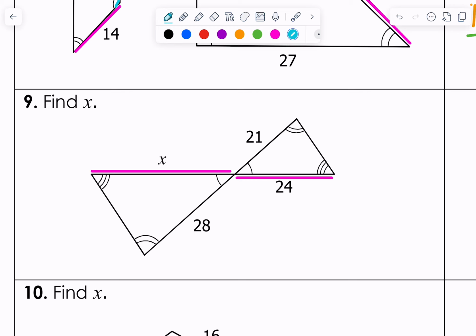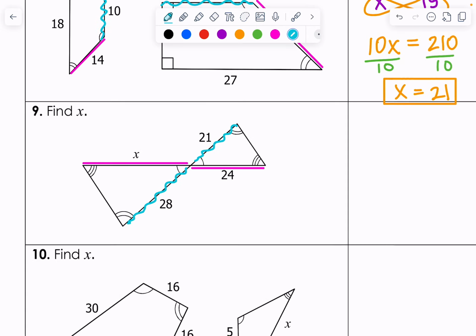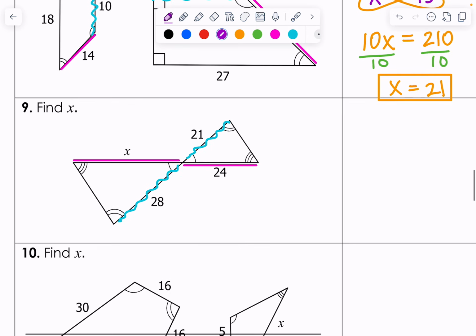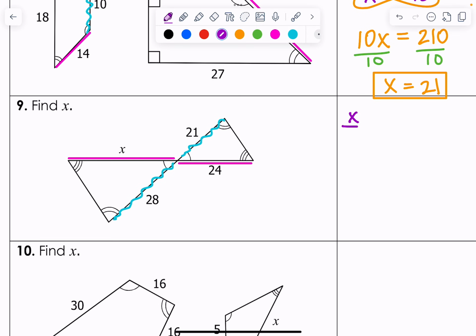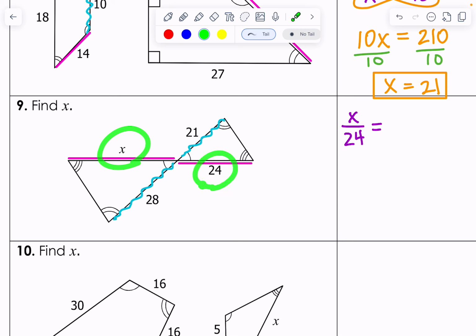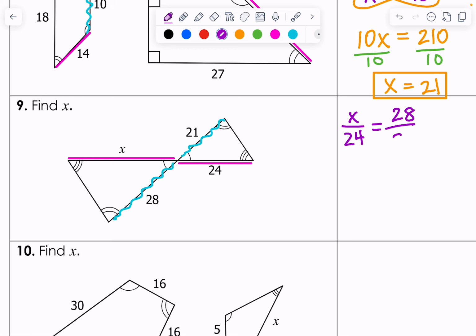And then it looks like this side with a 28 corresponds to this side with the 21. So if I'm going to make a proportion, and if I choose x over 24, then I would need to choose 28 over 21.